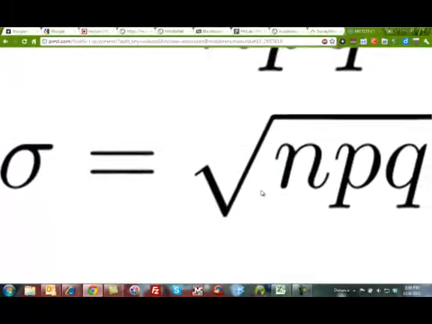And our standard deviation is n times p times q, square rooted. So those are very nice, simple formulas to use. And I can see how the things are built by using the factorials on page 221, but we're going to skip that and just assume that they're correct.